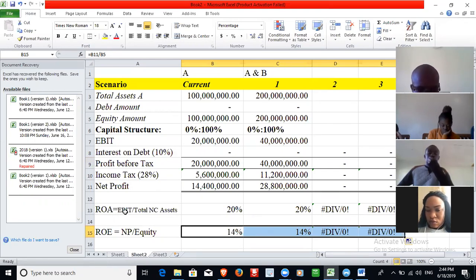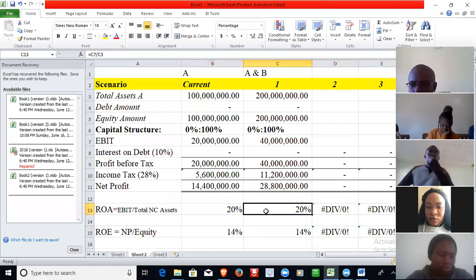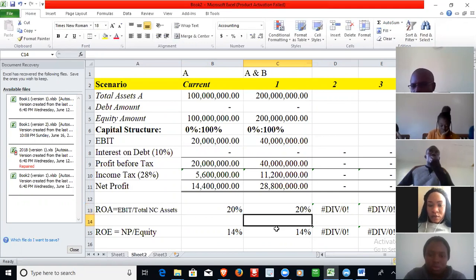And then the return on assets is earnings before interest and taxes divided by total non-current assets. In this scenario, we're still getting the same return on assets, which is 40 million divided by 200 million. We get what? 20%.